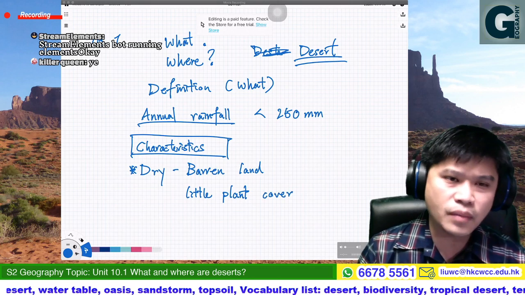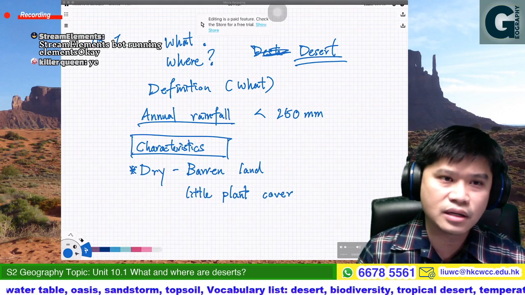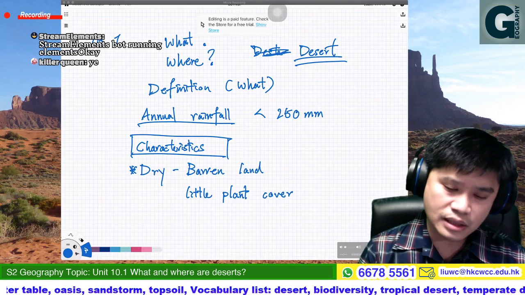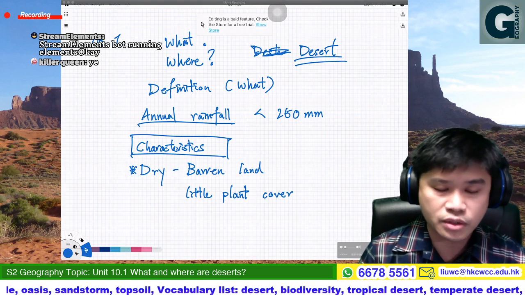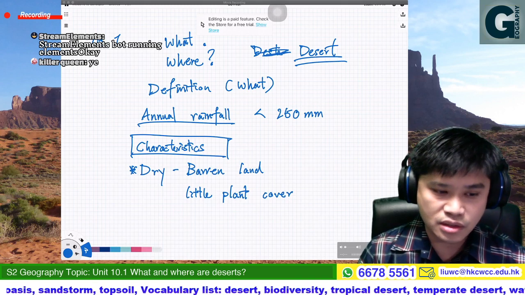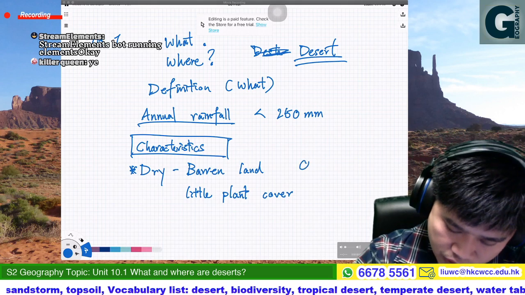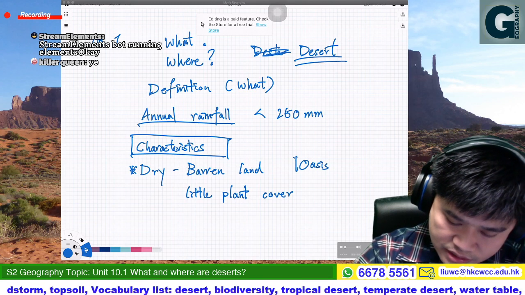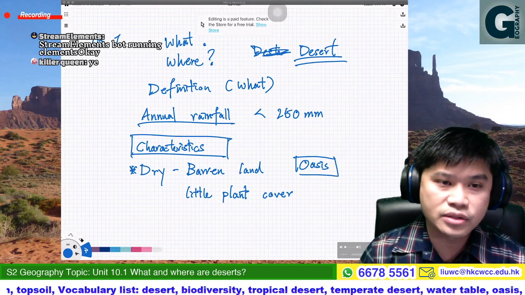So you won't see much trees, much vegetation cover in the desert. Just a very small cover of shrubs or sometimes cactus, or especially in the area of oasis. I hope you know what is oasis.